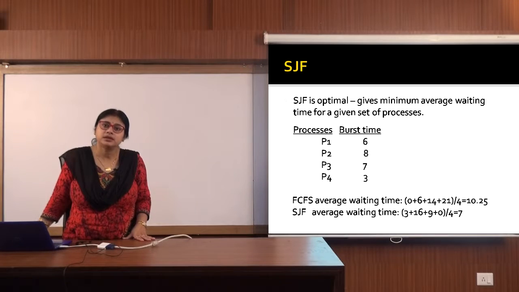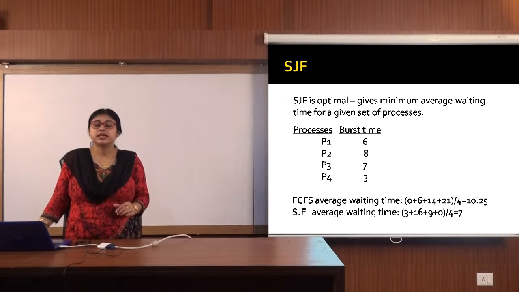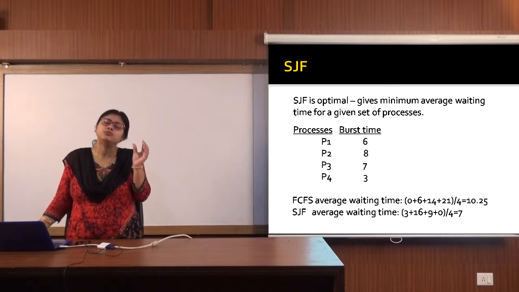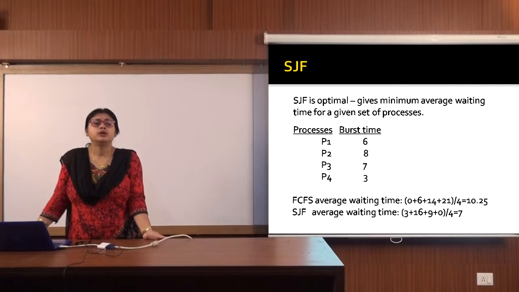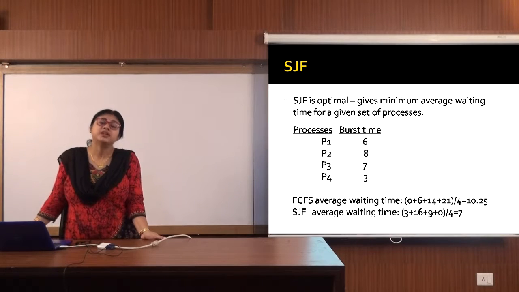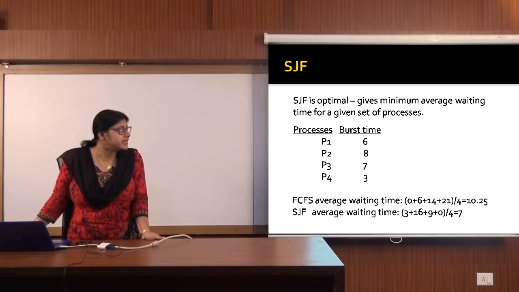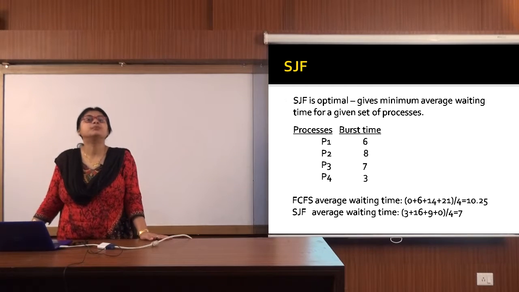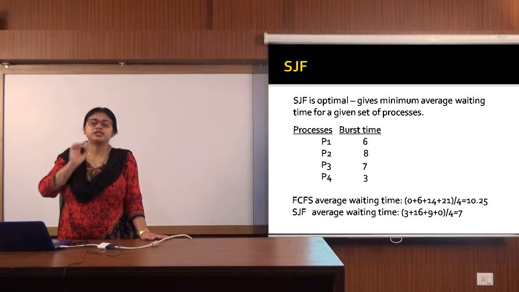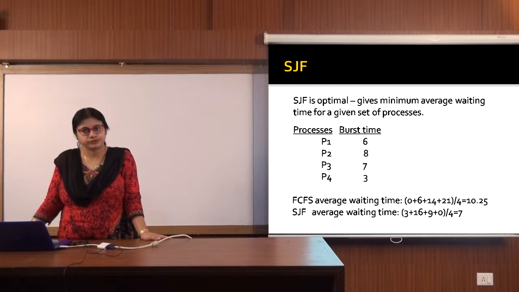Maybe a process with a very small burst time is waiting inside the ready queue for the completion of that long previous process. But in case of SJF, it doesn't happen. Always the process with the shortest burst time will be executed first.